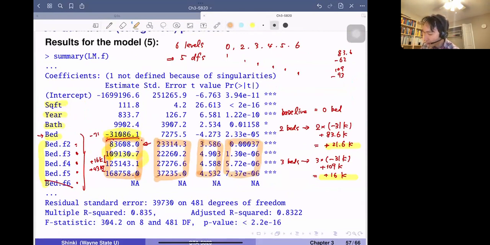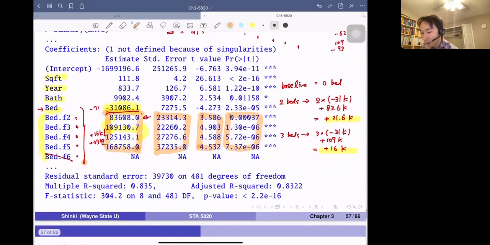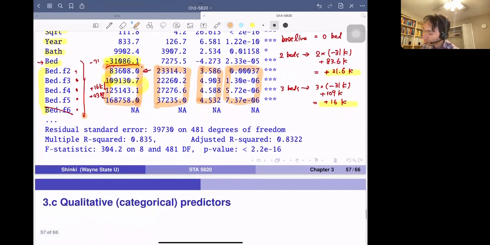So the p-value is very small. So that means the nonlinear term also has a large impact. So probably it's good to use the number of bedrooms as a categorical variable, a qualitative variable.